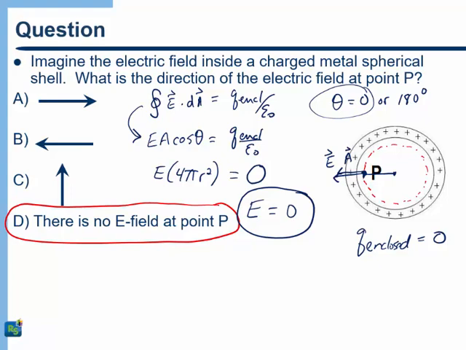Even if you're right up to the surface, or here, or here, or here, the electric field everywhere inside there has to be 0, because I can move that Gaussian surface anywhere I want inside there. So that's the power of Gauss's law, that we don't have to do any complicated math to figure out that the electric field at that point, or any point inside that shell of charge, is equal to 0.